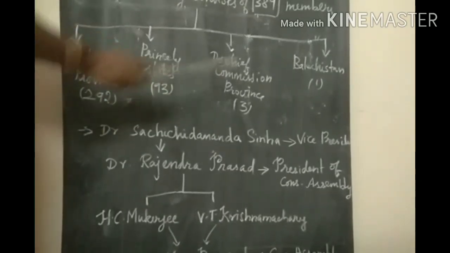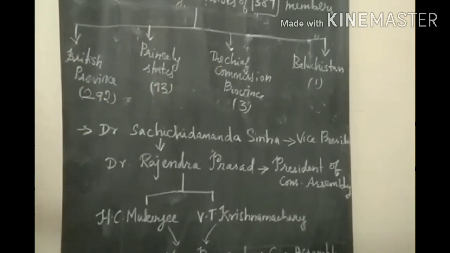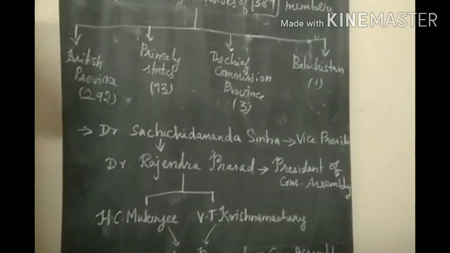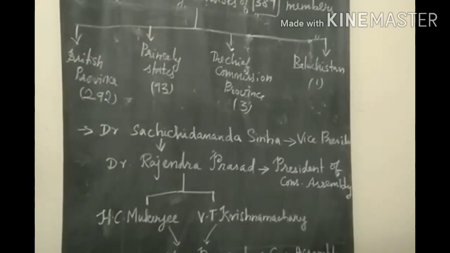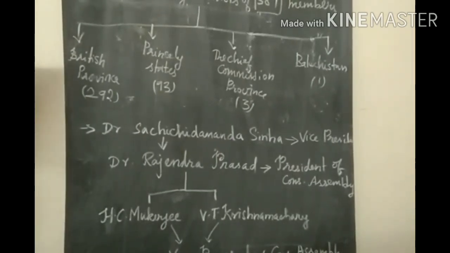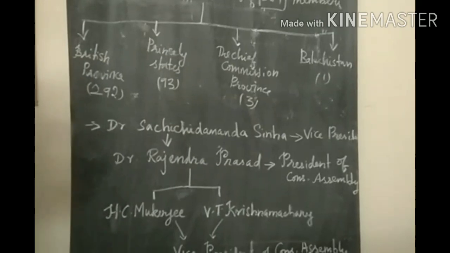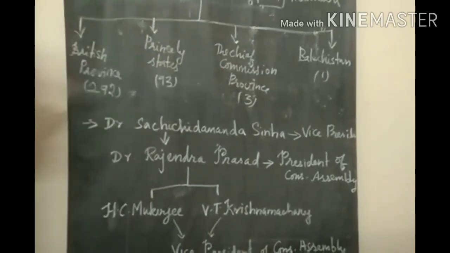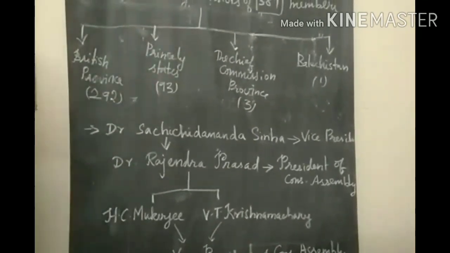And there were 3 members from the Chief Commissioner provinces and 1 member from Balochistan. What is Balochistan? Balochistan is one of the provinces of Pakistan. If we add all these numbers, we get 389 members.